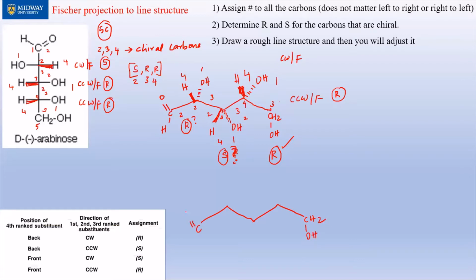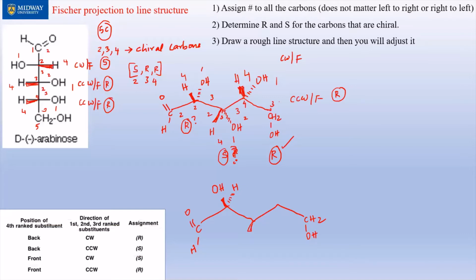Again, I'm trying to make your life easy by doing all these adjustments so that when you do it, it's perfect. So all you've got to do is bring the OH, because as it is drawn, it's giving R, but we want S, right? So swap positions. Means hydrogen should be in the back.